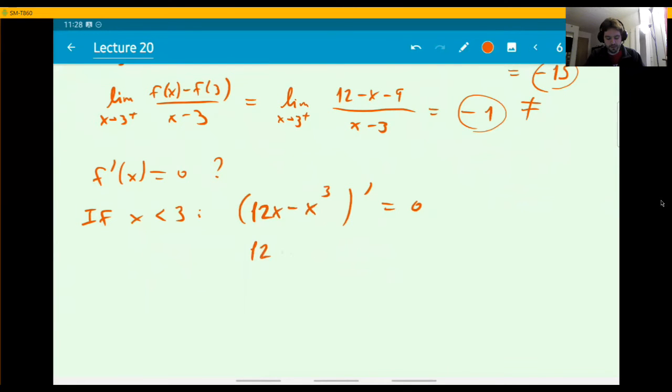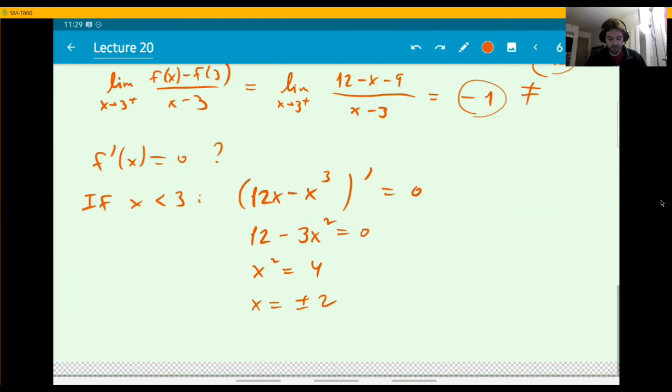Sorry, it's the contrary of what I said. Okay, this derivative is 12 minus 3x squared. So x squared equals 4 after dividing by 3. X is plus or minus 2. Both of these numbers are less than 3. So they are critical points. They are locations where the derivative is 0.